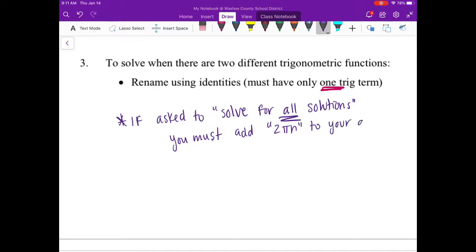Okay, so if the instructions say all solutions, you have to go back and add 2 pi n, because the 2 pi n represents the number of rotations around the circle. So even though we found the one answer, it'll apply. It doesn't matter how many times around we go in the unit circle. So anytime it says all solutions, please make sure you include that, okay?